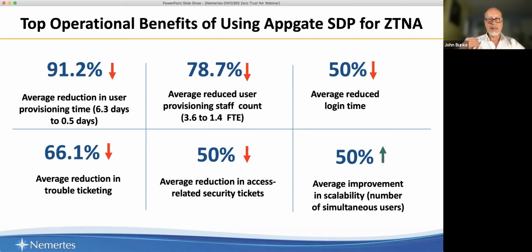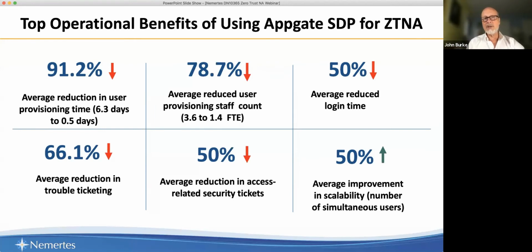We had at least one customer say they were typically getting over 100 access-related trouble tickets each day, and that dropped to essentially zero after the implementation of Appgate was completed.